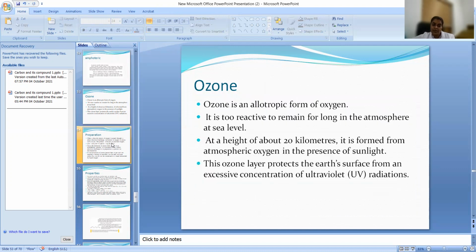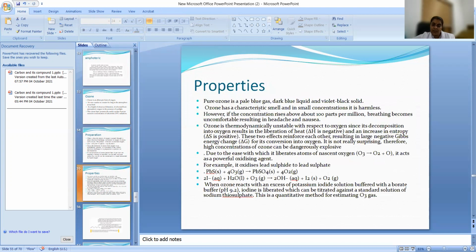Now, this is all about the preparation. What are the properties? It has different colors in gas, liquid, and solid: pale blue in gas, dark blue in liquid, and violet black in solid. It is a harmless gas when less concentrated, but high concentration causes breathing difficulty.